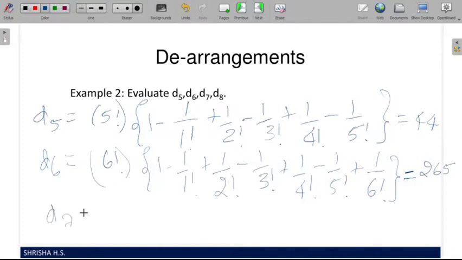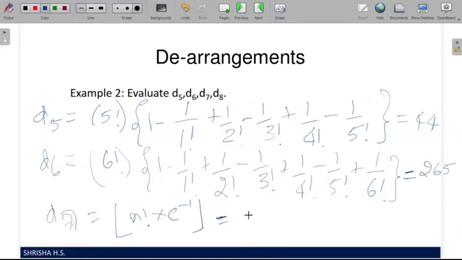For D7 we have a new formula, a shortcut formula that works for numbers above 7. It is the floor value of n factorial multiplied by e to the power minus 1.